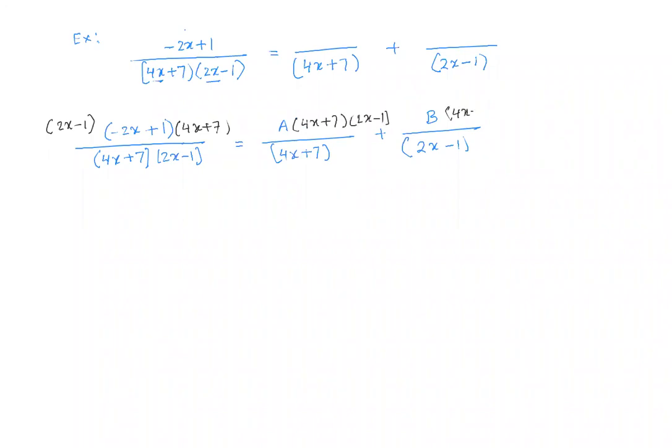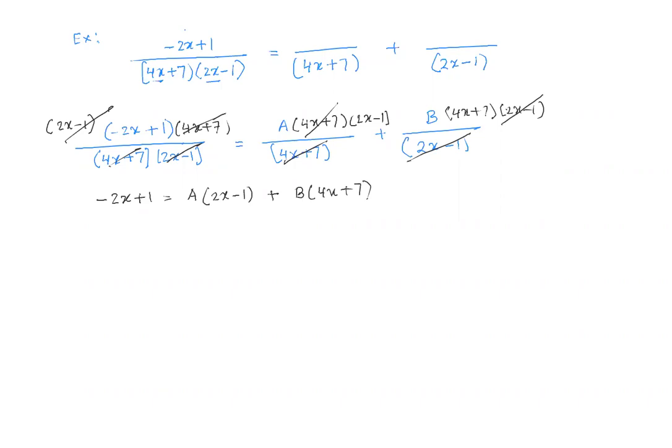This, all 4 of them cancel. That gives you negative 2x plus 1 is equal to a times 2x minus 1, since 4x plus 7 cancels out, plus b times 4x plus 7, since 2x minus 1 cancels out.